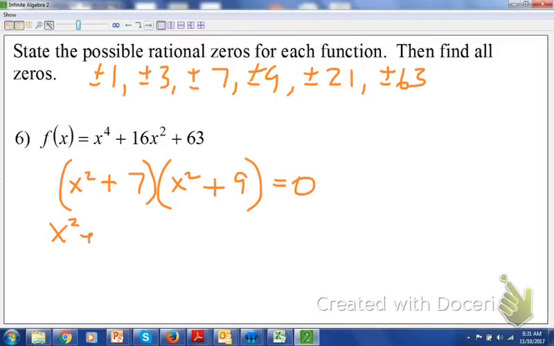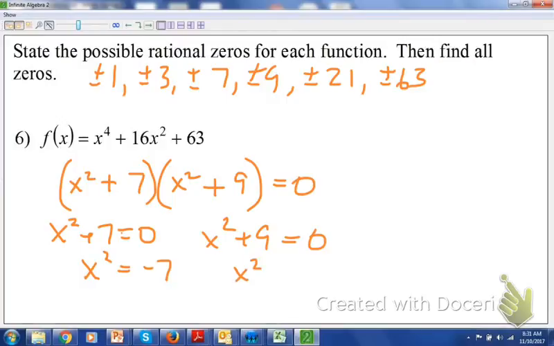x squared plus 7 equals 0, or x squared plus 9 equals 0. Now neither of those are factorable, right? Because sum of squares, you could factor it over the imaginary numbers, and some of you know how to do that. That's great. But we could solve by taking square roots. So here x squared equals negative 7.